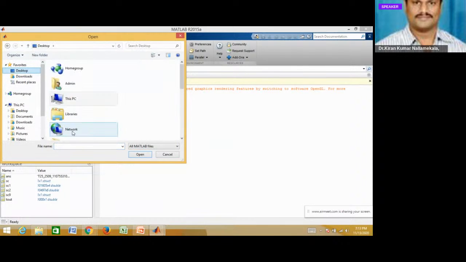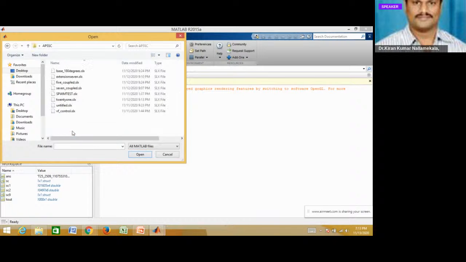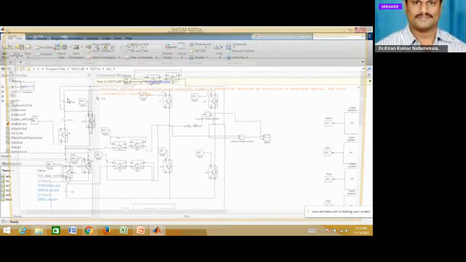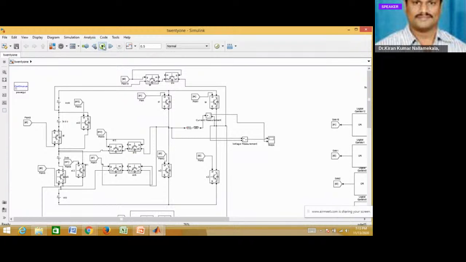Okay, similarly, you can see how a 21 level inverter generates pure sinusoidal voltage waveform. This is a 21 level inverter.